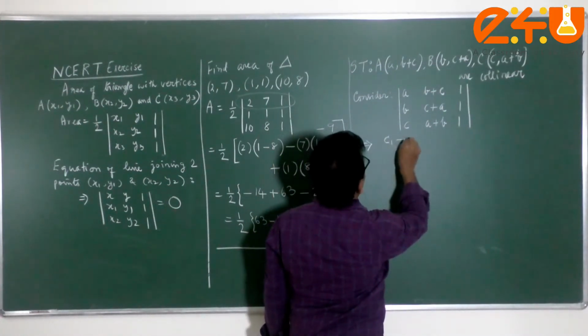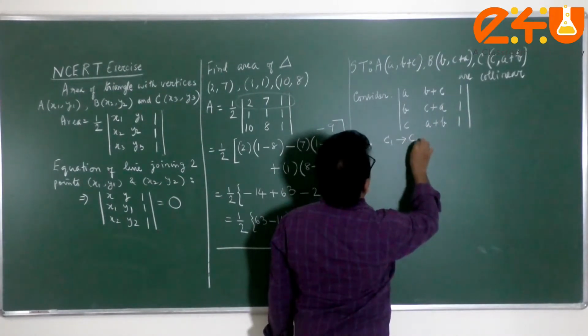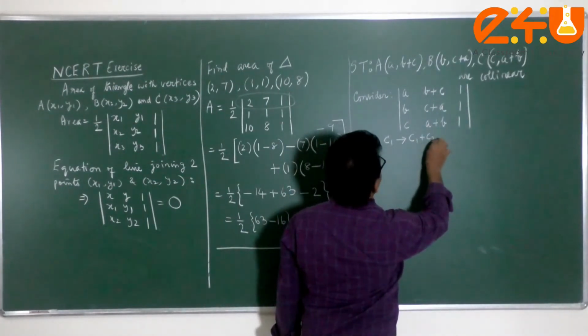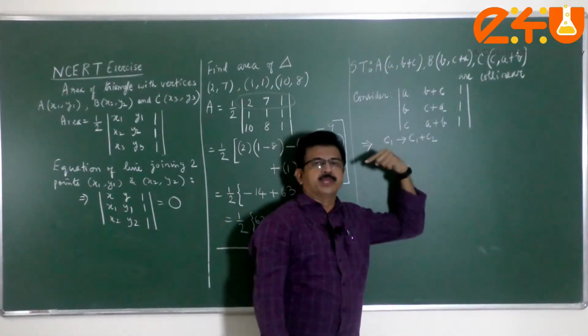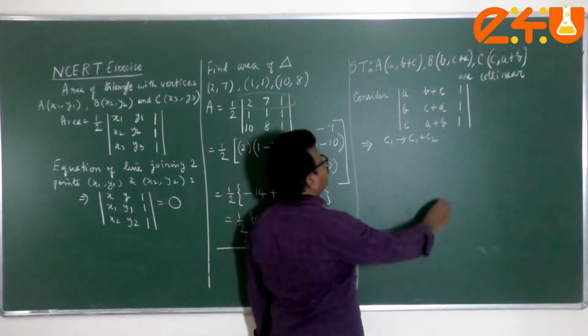Column 1 is operated with C1 plus C2. So add C1 and C2, store the result in column 1.